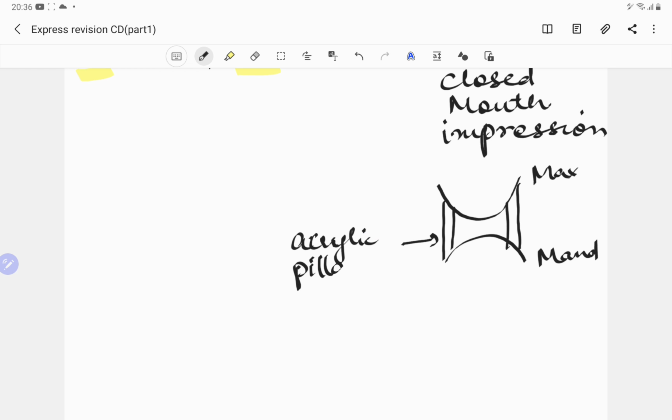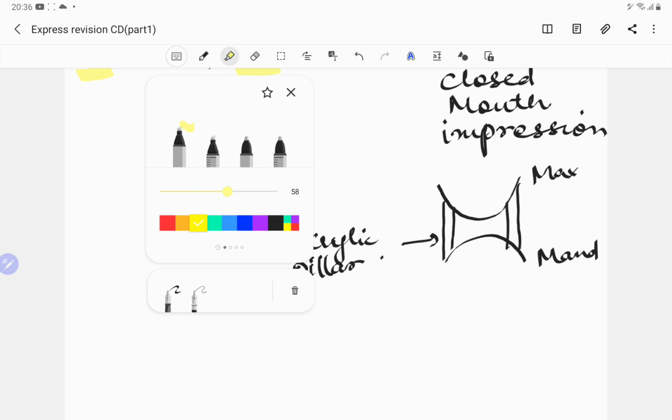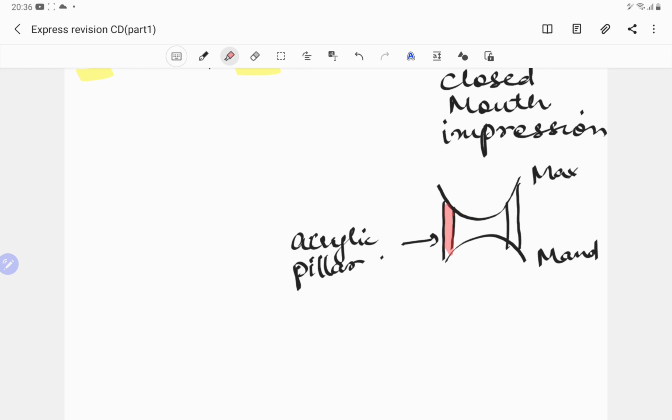Or acrylic stops between the maxilla and the mandible. So these are the acrylic pillars or the acrylic stops. So what do we do? We take a closed mouth impression with which material? With the admixed material, with the admixed technique.